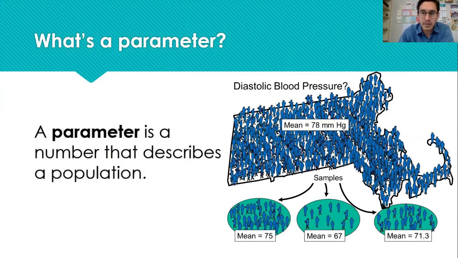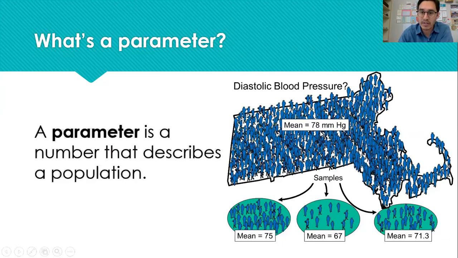Okay. So in this figure, we have the entire state of Massachusetts. We can think of that as the population, and three separate samples that have been drawn from that population. And there's numbers describing each group. So this number here, the 78 millimeters of mercury, is describing everybody in the state of Massachusetts, right?